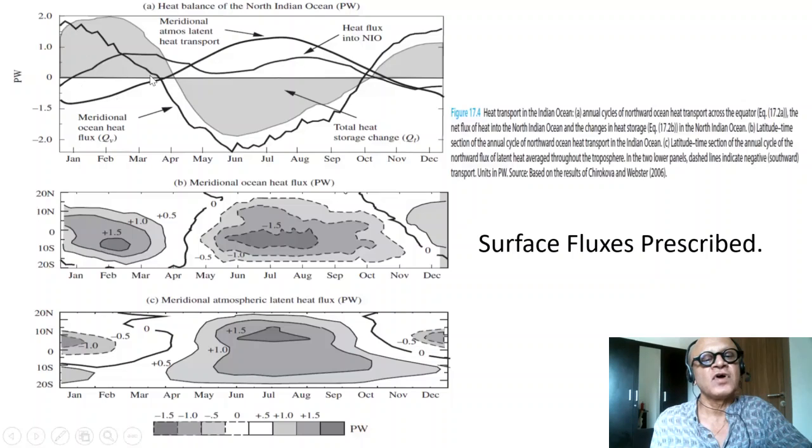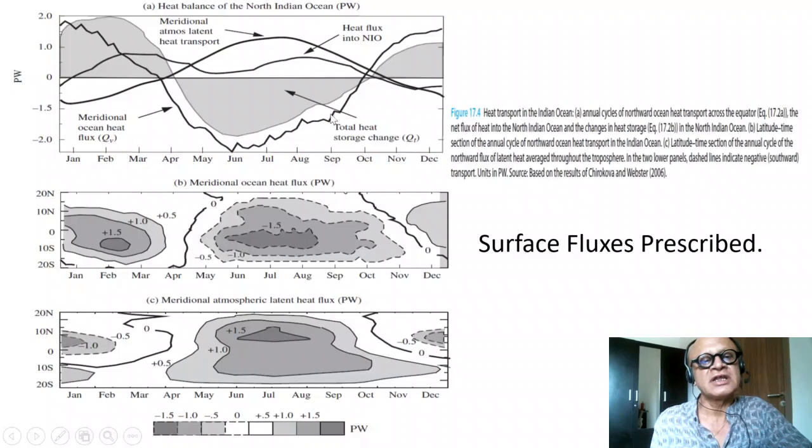You have monsoonal winds bringing moisture, as we saw before, and winter monsoons taking moisture out of the North Indian Ocean. The meridional ocean heat transport, on the other hand, is kind of balancing the sum of these two, creating an ocean heat storage.